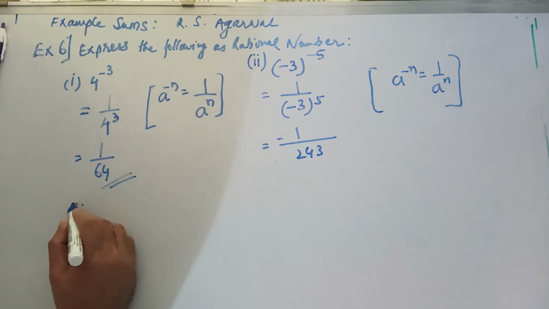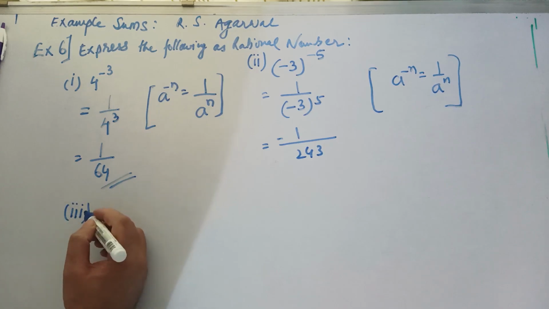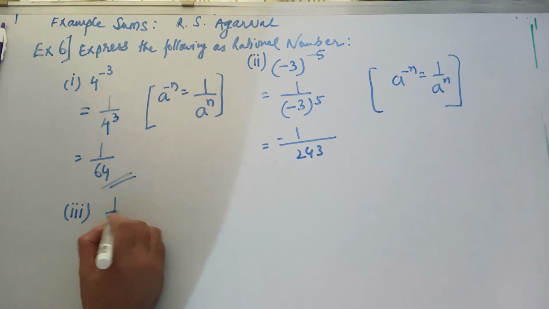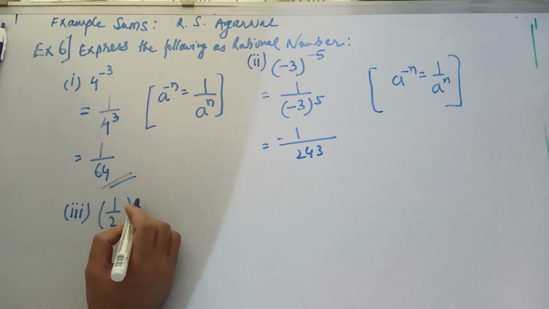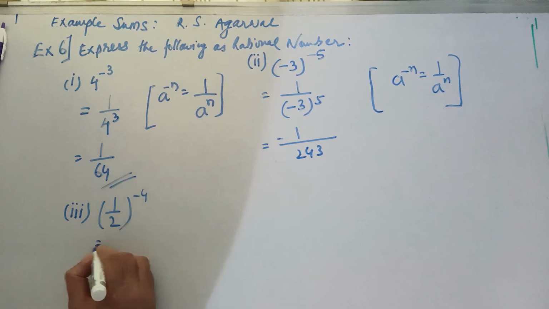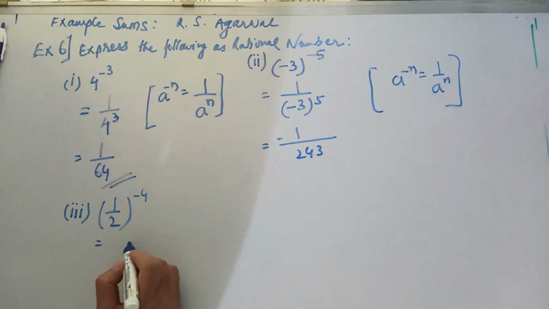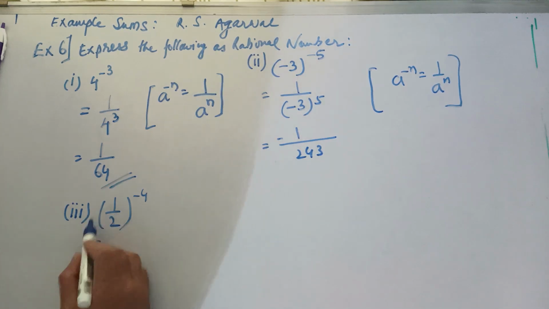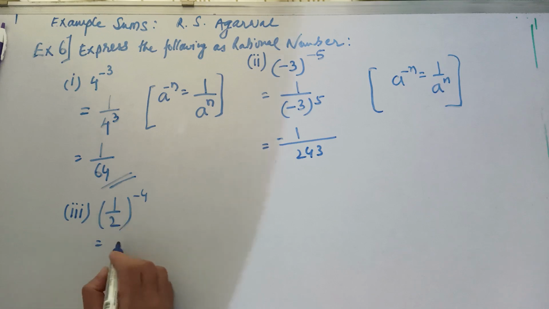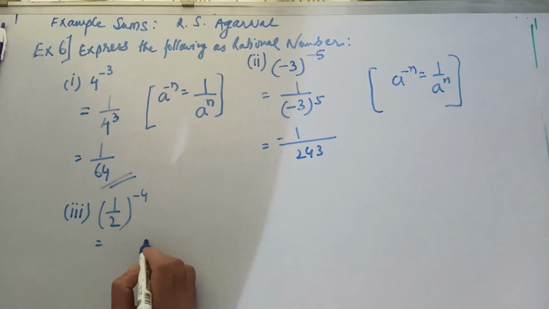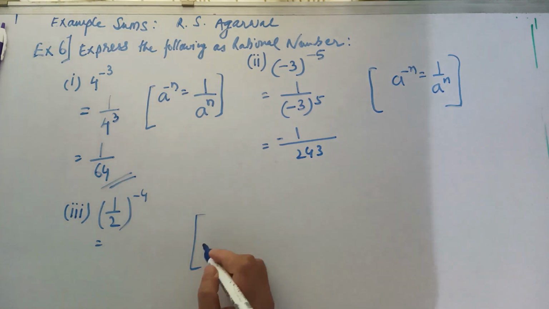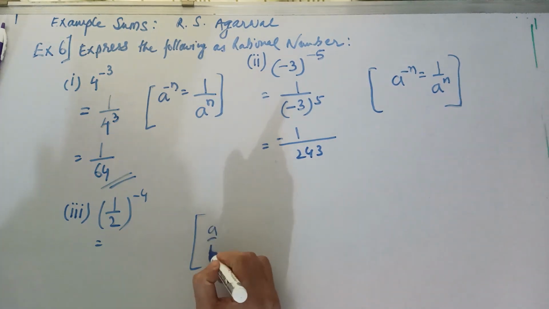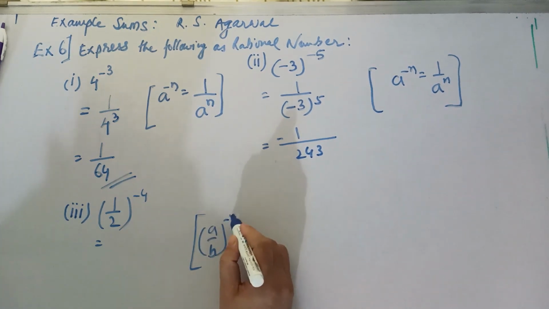Let's take the third one. The third one states that it is (1/2) raised to minus 4. When there is a minus sign and the base is in the form of a fraction, we can do the reciprocal. It is in the form of (a/b) raised to minus n.